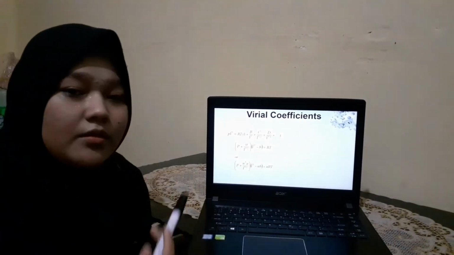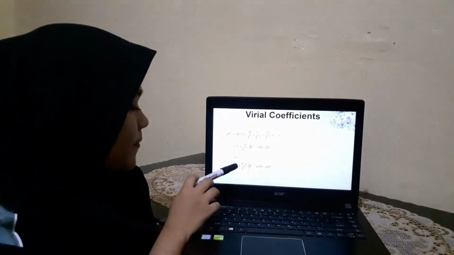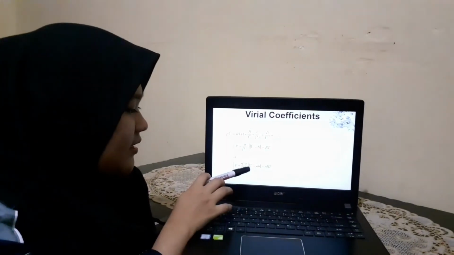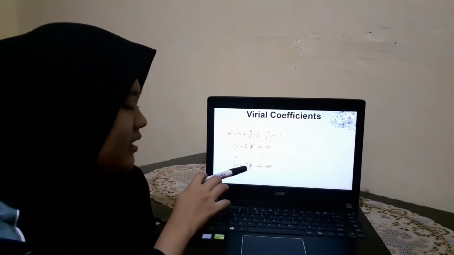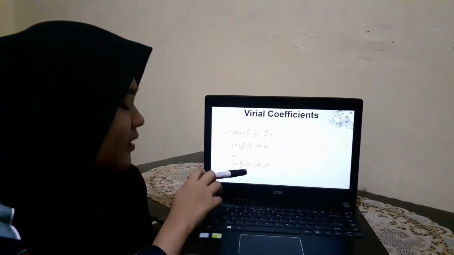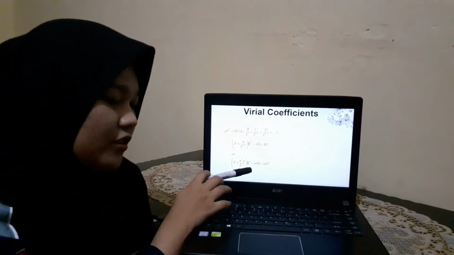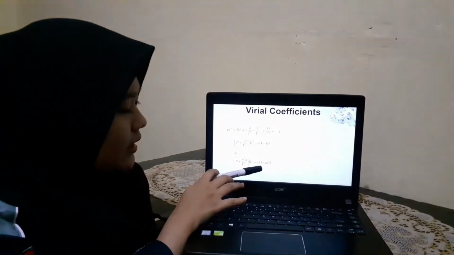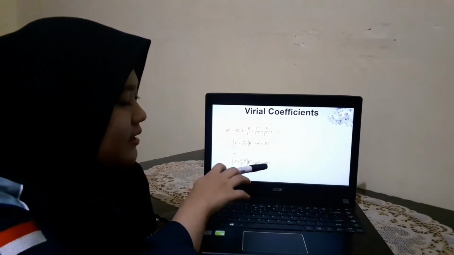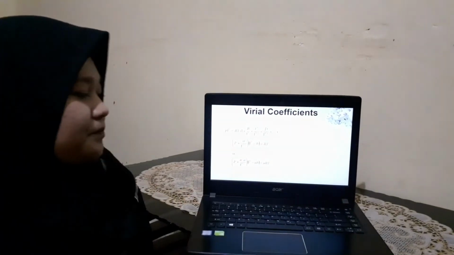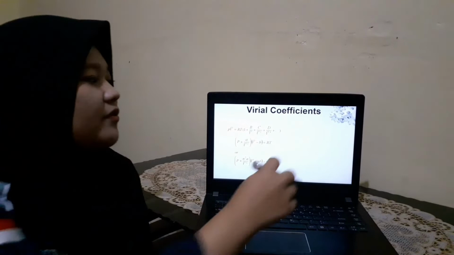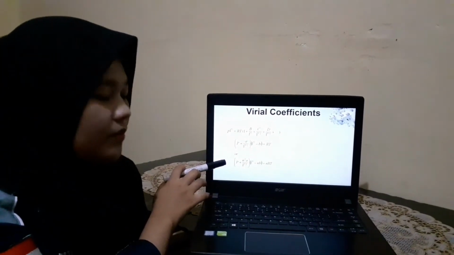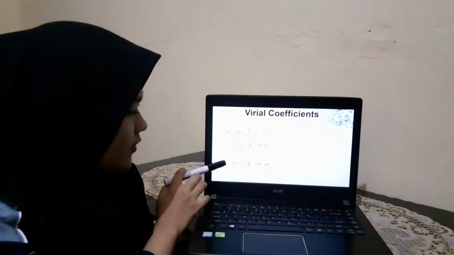Or if you have moles, pressure plus n squared times a divided by volume squared, times volume minus n times b, equals nRT. So the virial coefficient still has a correlation with the Van der Waals equation.